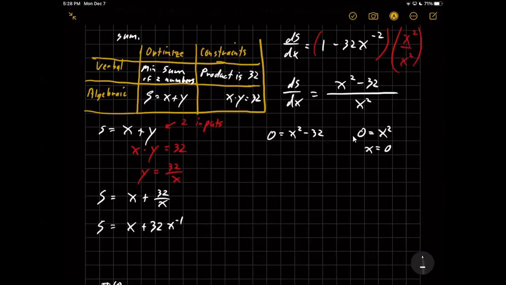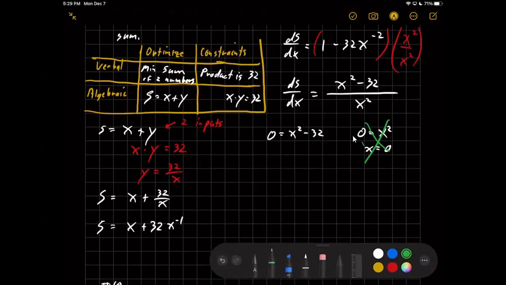This would obviously be x equals 0, but then y would have to be infinitely large in order for this to work. So this simply doesn't work. You can't have 0 as one of the solutions. It would make the derivative undefined, but that clearly isn't going to be a logical solution to this problem.